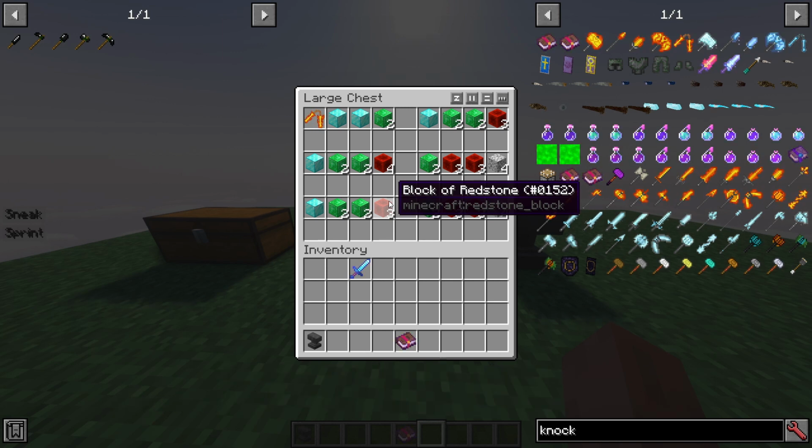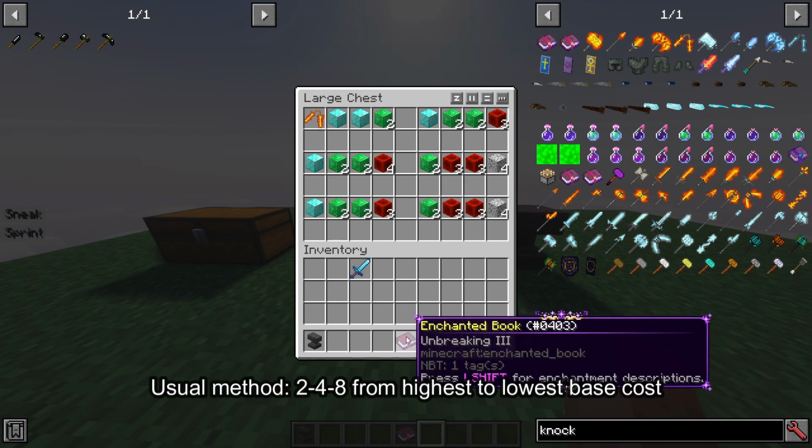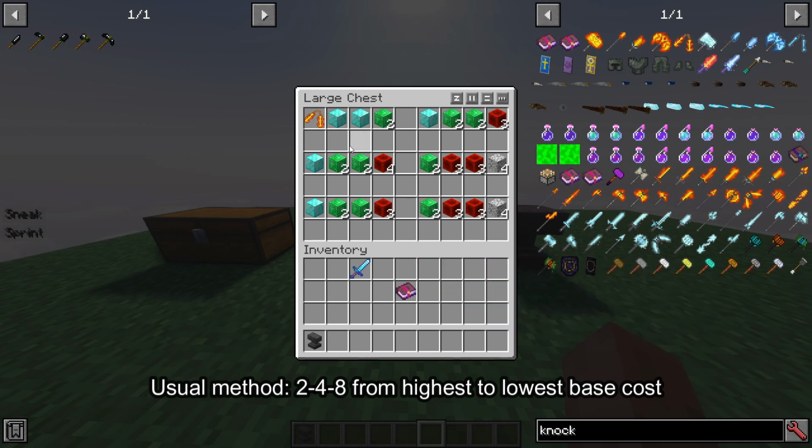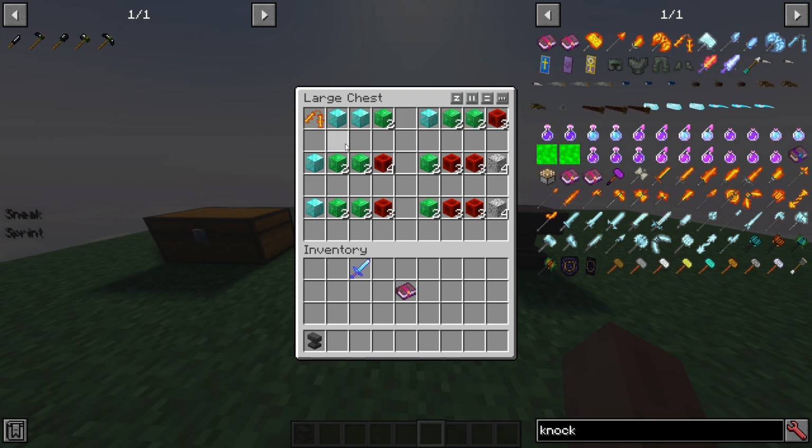Alright, now, people usually say do 1, 2, 4, 8, but put the enchanted books in an order from highest base cost to lowest base cost. So you would put your Supreme Sharpness, your Wound Piercing abilities, your Viper, your Advanced Looting, your Arch Destroyer, your Swifter Slashes, your Education on those bases.